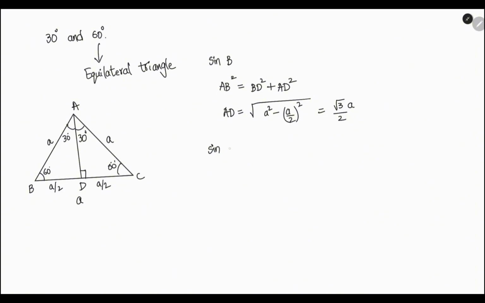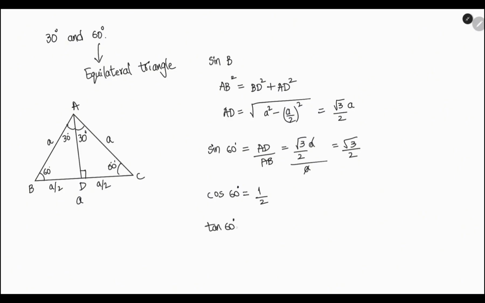Now we will find the ratios of 60 degrees. Sine 60 is opposite side AD by hypotenuse AB. So that is root 3 by 2 A by A. That is root 3 by 2. Similarly, cos 60 is given as adjacent side BD by AB.